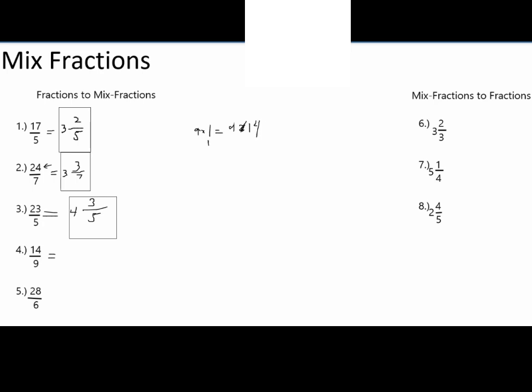Therefore, we can use it. So 1, we're just going to copy it. Copy the denominator. Subtract 14 and 9. And then 5 is our answer. Now let me just box this.